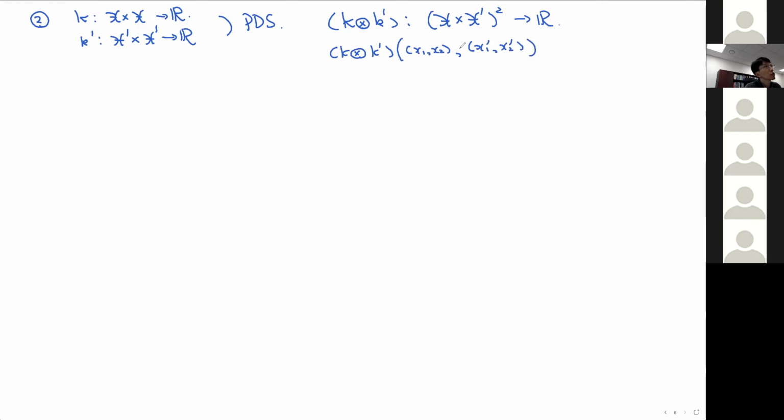So x1, x1 prime are coming from the first input space, and x2, x2 prime are coming from the second input space. In that case, we define this to be k of x1, x1 prime times k prime of x2 and x2 prime. Okay. And this is, again, a PDS kernel.